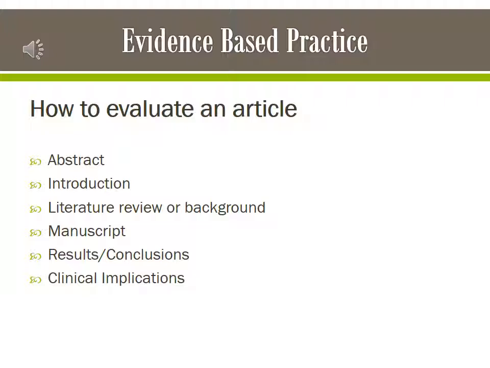The next section would be results or conclusions. The clinical and research articles have a summary section. In a clinical article, the author explains the clinical implications for the topic presented.